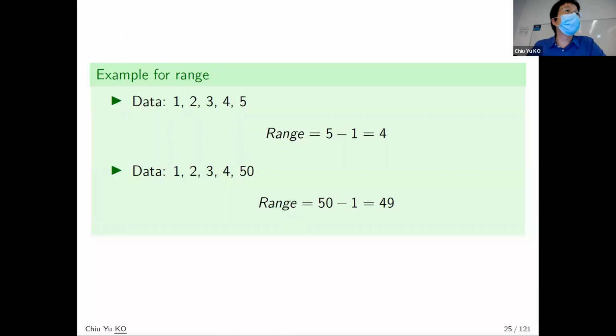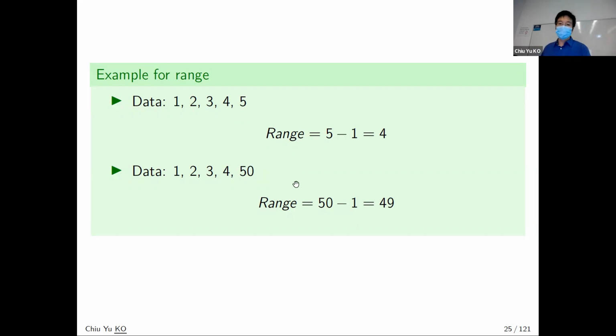Suppose you trim the data, or winsorize the data, right? When you compute the range, it will be more reasonable, right? Suppose you winsorize the data, 50 becomes 4, right? And in that case, the range will be reasonable, right? So that means the range is not that bad, once you allow yourself to trim or winsorize the data, okay?